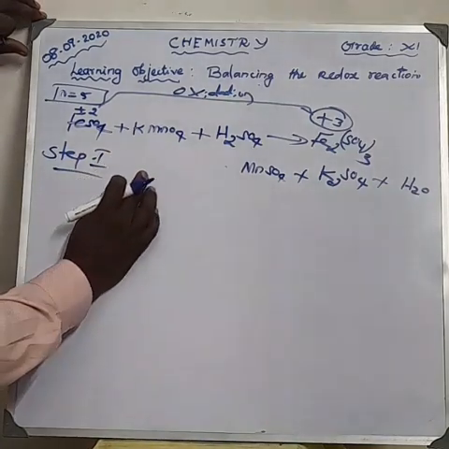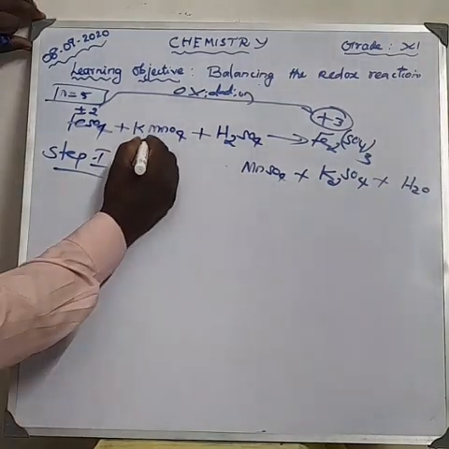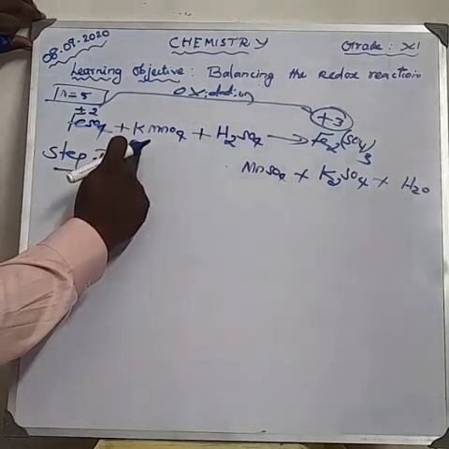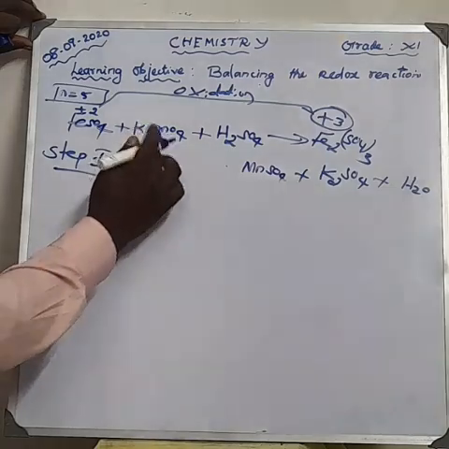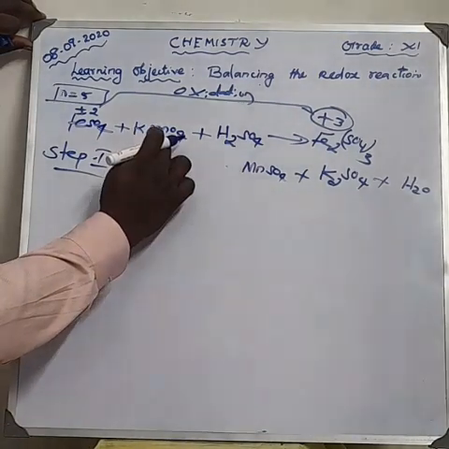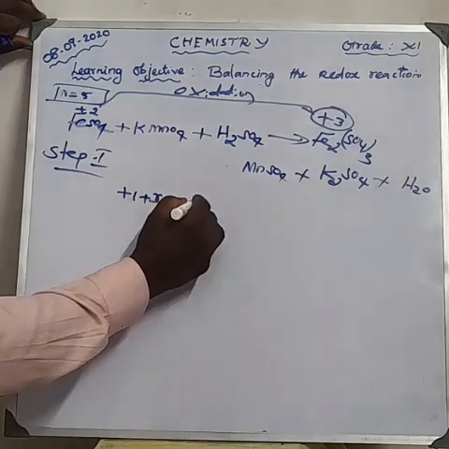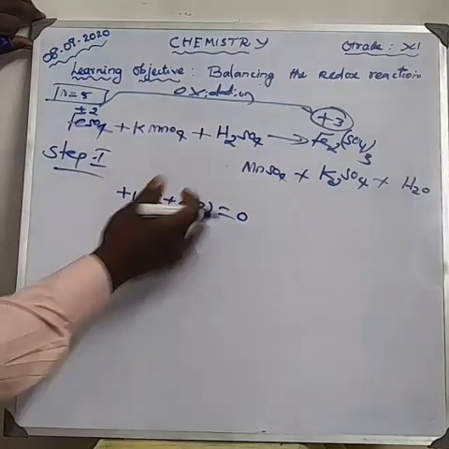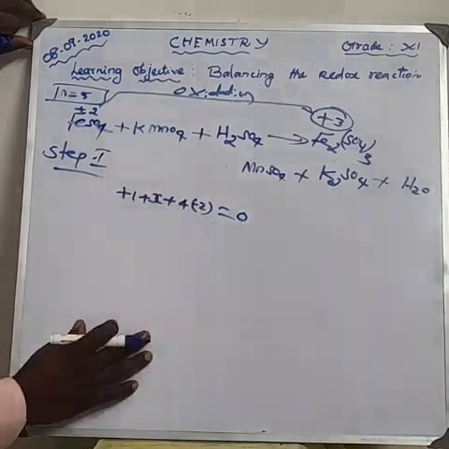Here K is an alkali metal, so we take plus 1, as one potassium is there. Mn we take as X because we don't know it. Oxygen: 4 oxygens, 4 into minus 2. There is no charge, so it equals 0.